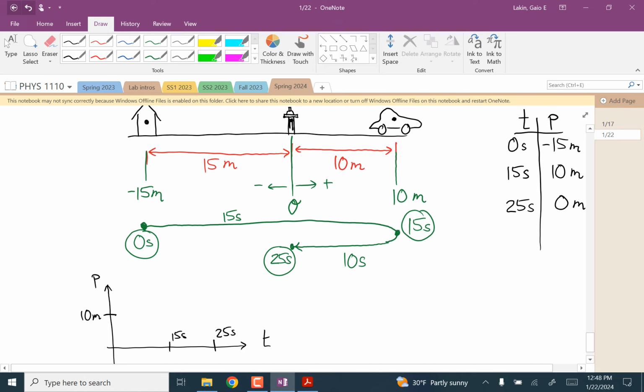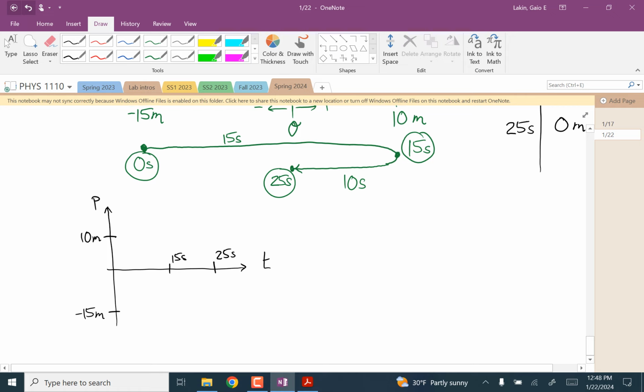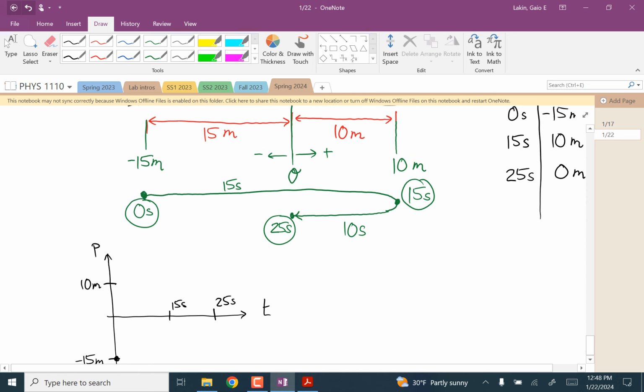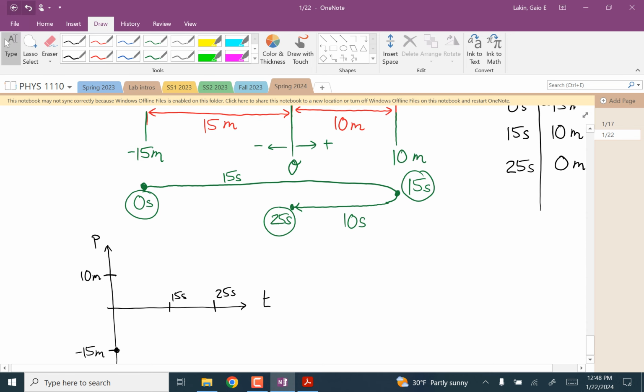So the first point is 0 time, negative 15 position. The second instant is 15 time, positive 10 position. And the third one is 25 time, 0 position.